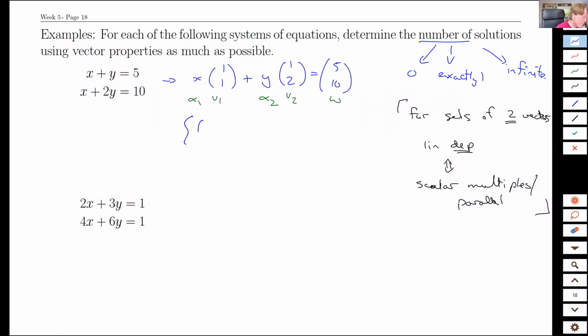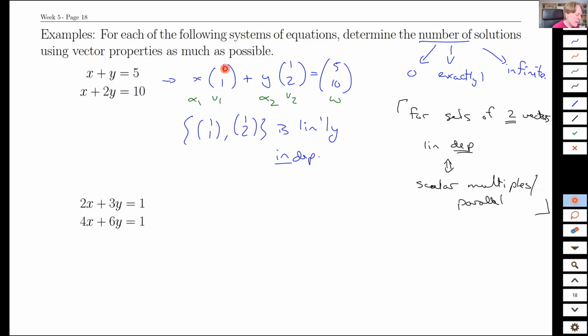So here we have 1, 1 and 1, 2. We take a look at these vectors. Well, these are clearly not parallel. So they are linearly independent. And we'll have some other shenanigans later on that'll prove what we're going to do here.